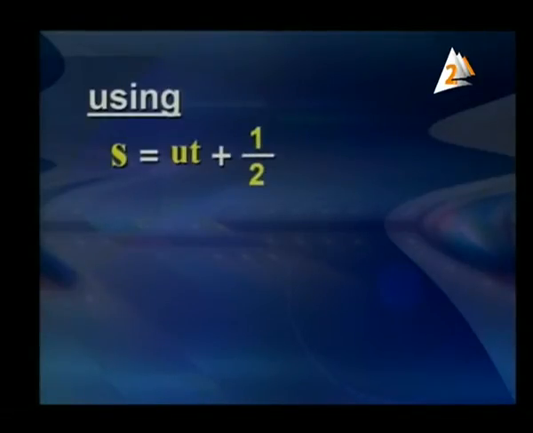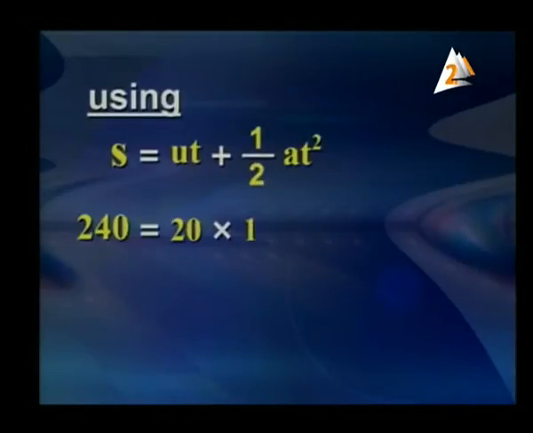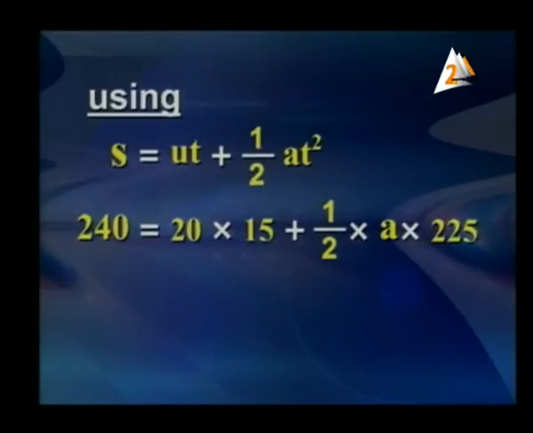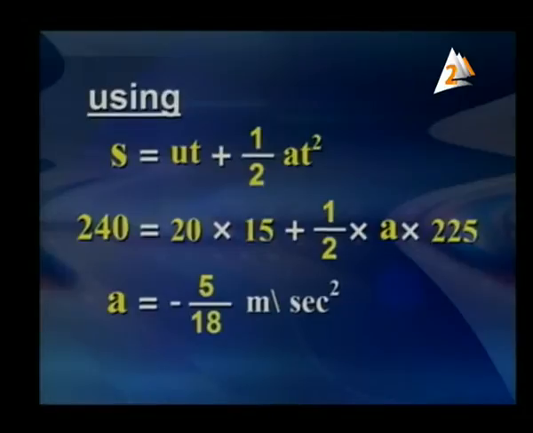Using the rule S equals ut plus half at squared, therefore 240 equals 20 times 15 plus half times a times t squared, 15 squared equals 225. Then after calculation we get a equals negative 5 over 18 meter per second squared.